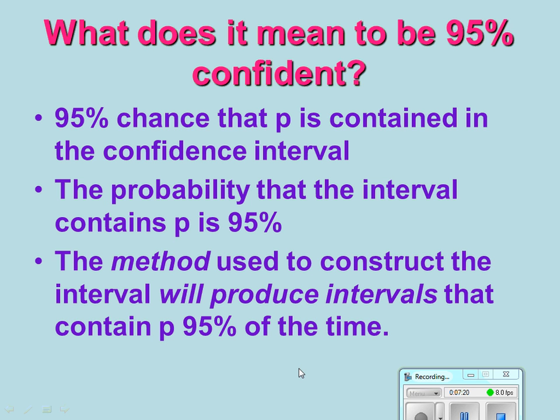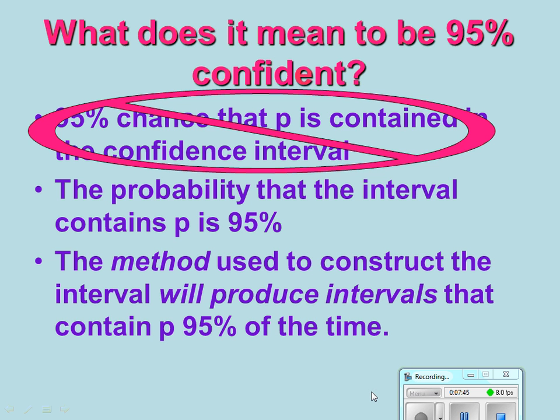Out of these three sentences, what does it mean to be 95% confident? Does it mean there's a 95% chance that p is contained in the confidence interval? Again, what did we just say the recipe was? No, it's not this.